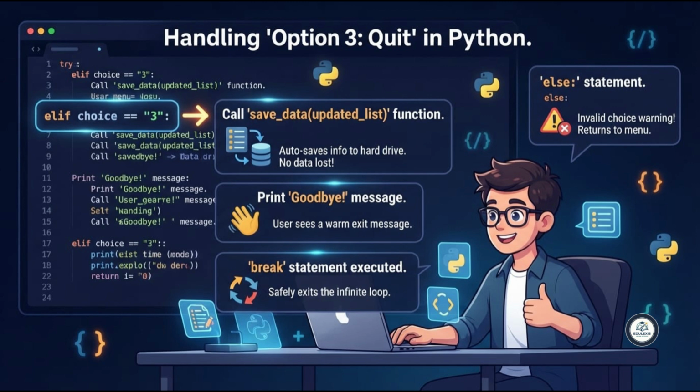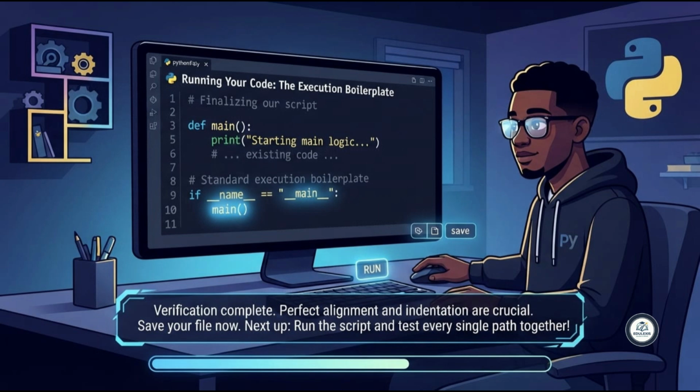We then print a warm goodbye message and run a break statement to exit our infinite loop safely. We also add a final catch-all else statement. If someone types an incorrect value like 9, it prints an invalid choice warning and cleanly returns back to the main menu.